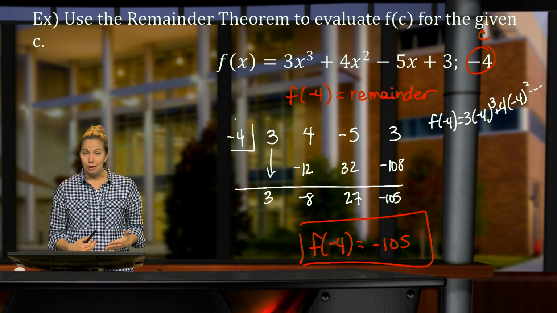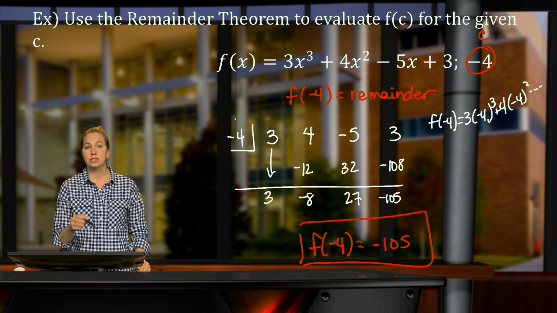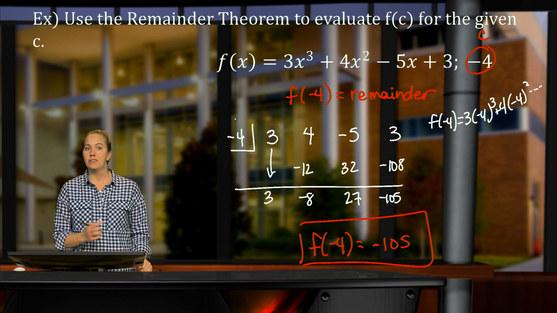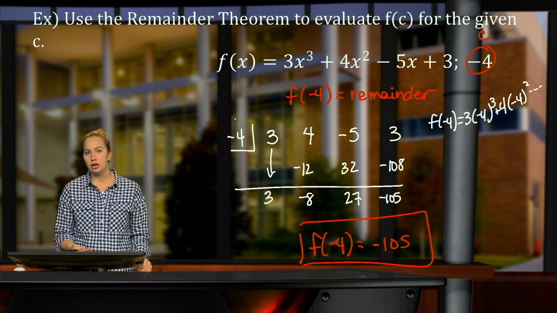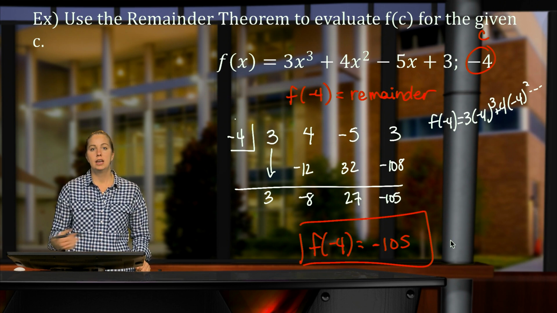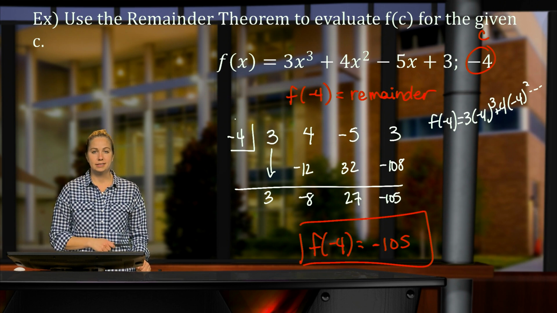With that said, let me make this perfectly clear. On your exam, you're going to have a question that says, use the remainder theorem to evaluate f of c. If I'm telling you to use the remainder theorem, I expect you to use synthetic division and what the remainder theorem states in order to find your answer.